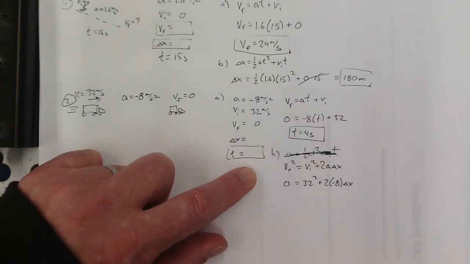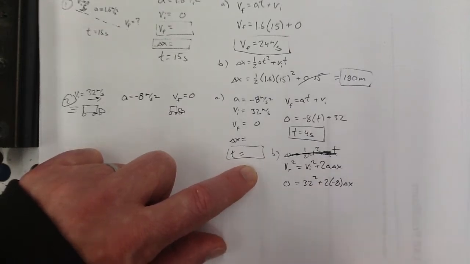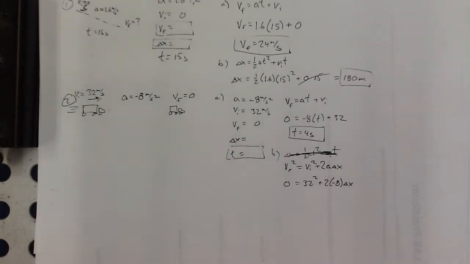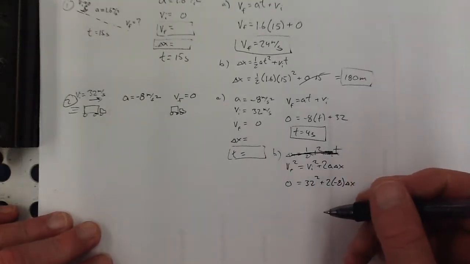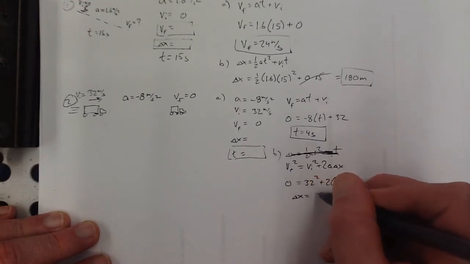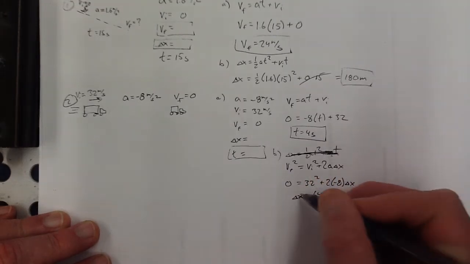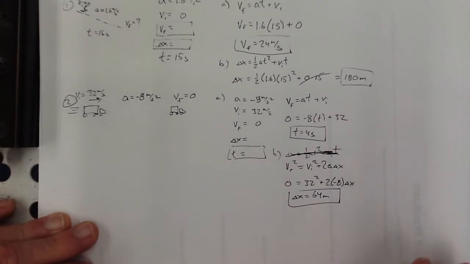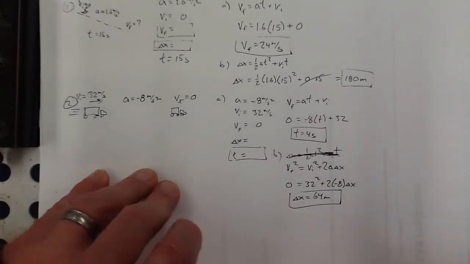Of course, that's going to be negative on the other side, so I should get a positive answer. It wouldn't make any sense for the answer to be negative anyway. So 32 squared divided by 16 is 64. 64 meters it takes the truck to stop. All right. Number 3.